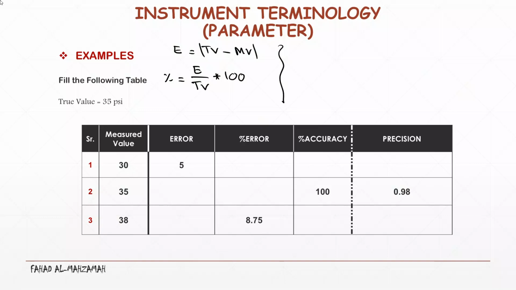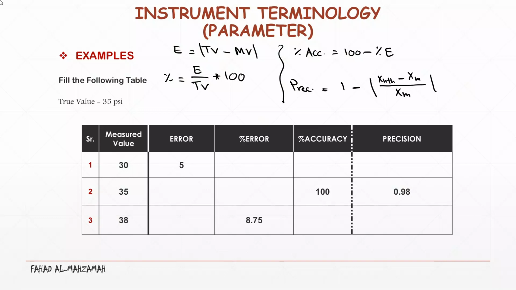Percentage accuracy is 100 minus percentage error. You need to know this. And precision is equal to 1 minus the absolute value of a fraction, where you take the difference between a specific measurement and the mean value, or the average of the whole measurements for the same true value.